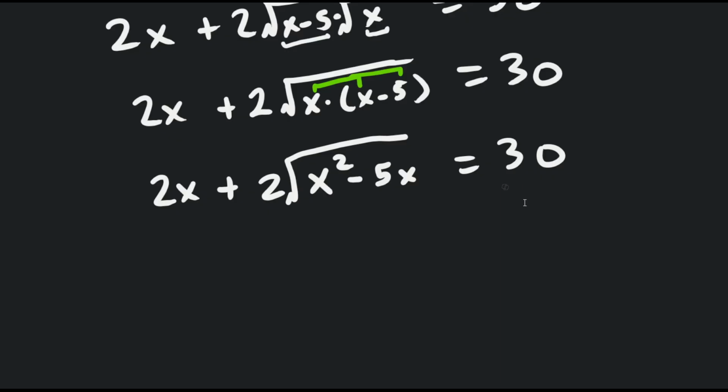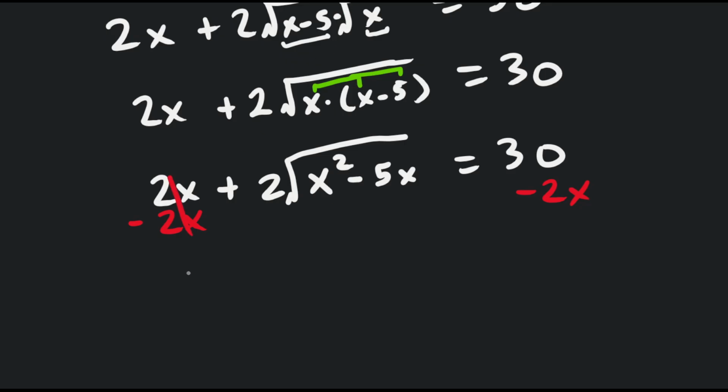Okay, we're getting close. Ultimately, we want to isolate this radical so that we can square both sides. So let's move this 2x to the other side of the equal sign.